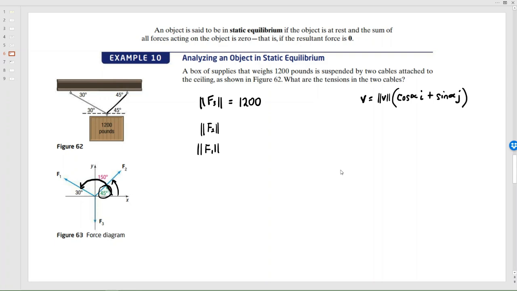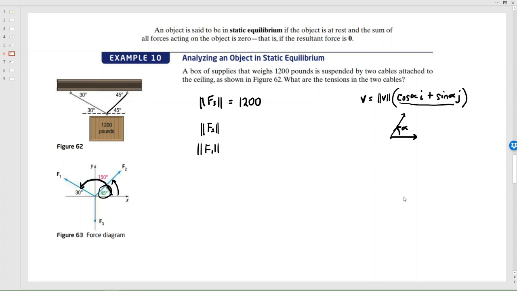That's the angle made between the x-axis and the direction of the vector. And this is the unit vector in the same direction as v. Okay, so we're going to use that to identify some of these.